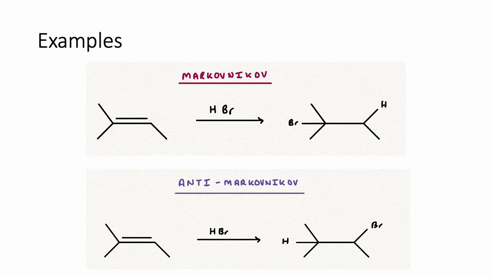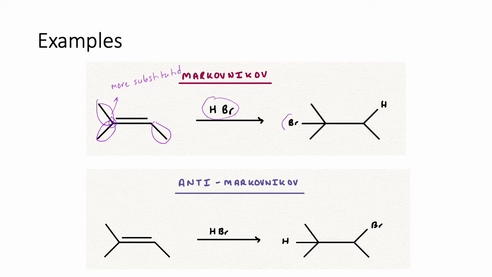Alright, so let's do two examples. The first one is going to be Markovnikov addition, and I'm trying to add HBr across the double bond. So this is my more substituted carbon because it has two methyl groups attached to it, while this carbon only has one methyl group.